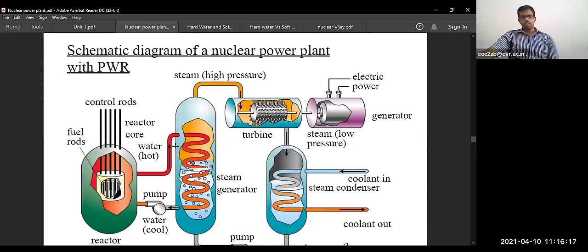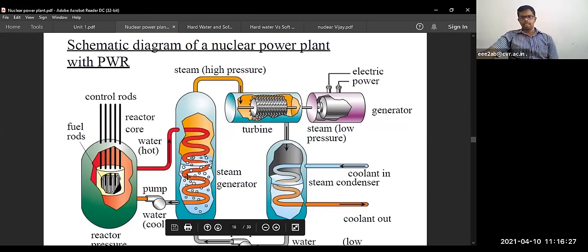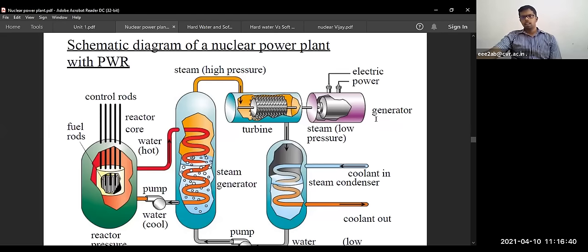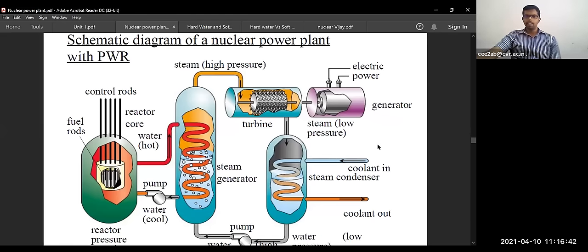Water or coolant is given to this series of pipes, so that the water is pressurized inside the steam generator, so that high pressure, superheated steam is generated and given to the turbine. Same thing, power is generated.